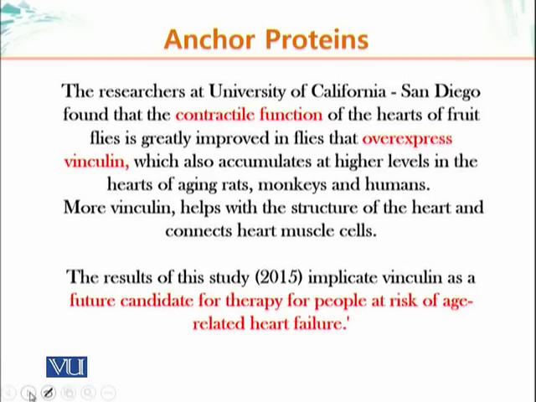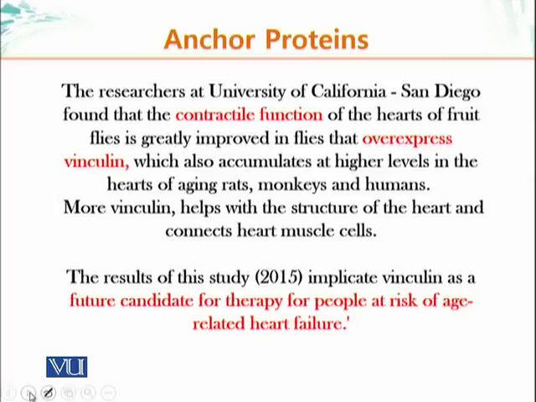Just to emphasize the importance of vinculin, let me present you a study. The researchers at University of California, San Diego, found that contractile function of the hearts of fruit flies is greatly improved in flies that are overexpressing vinculin, which also accumulates at higher levels in the heart of aging rats, monkeys, and humans.